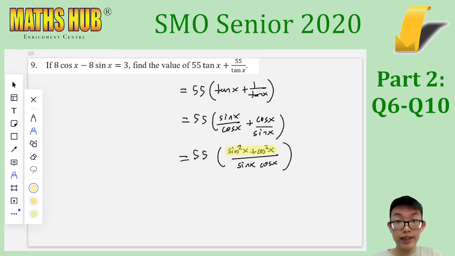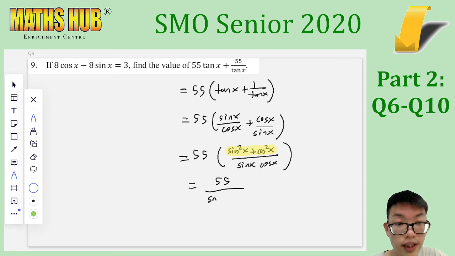Remember that sine x and cosine x are always linked together by the fact that sine squared x plus cosine squared x equals 1, going back to our unit circle definition of sine and cosine. As such, we can just say that our desired expression is 55 over sine x cosine x.